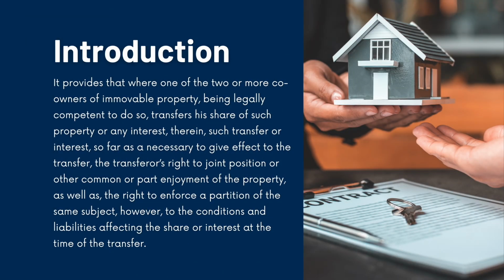It provides that where one of two or more co-owners of immovable property, legally competent in that behalf, transfers his share of such property or any interest therein, the transferee acquires, so far as necessary to give effect to the transfer, the transferor's right to joint possession or other common or part enjoyment of the property, and to enforce a partition of the same, but subject to the conditions and liabilities affecting, at the date of the transfer, the share or interest so transferred.